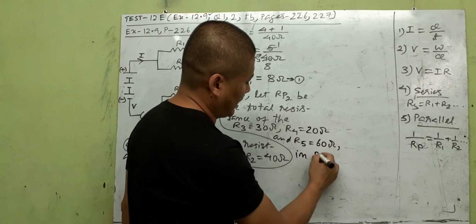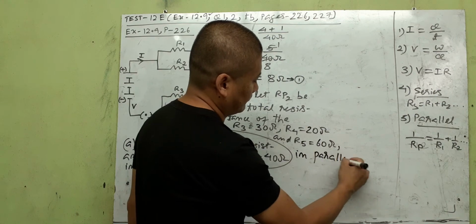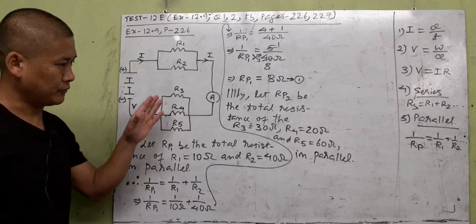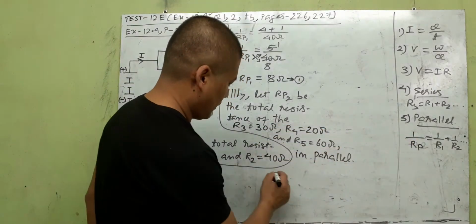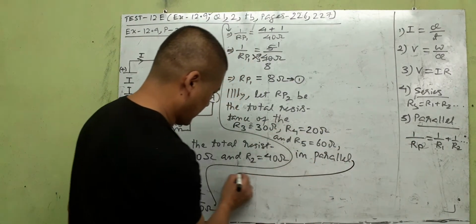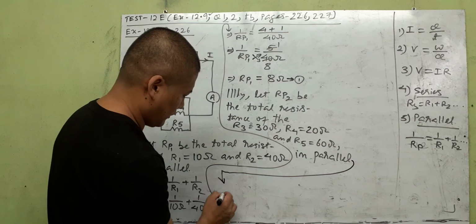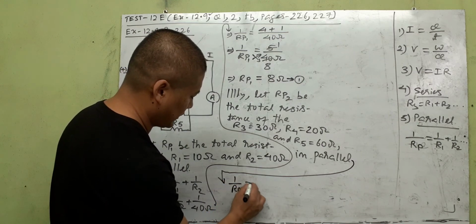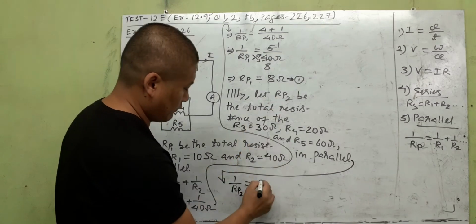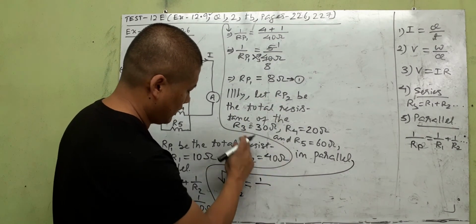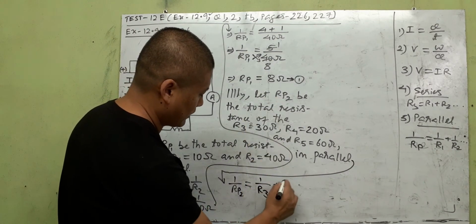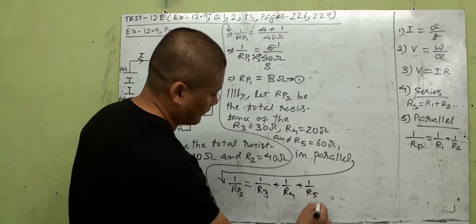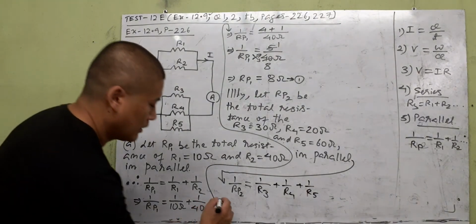Clearly they are in parallel again. Yes, we can see here, one above the other. So we have to use this formula again. So their total, reciprocal of the total, 1 by Rp2 is equal to 1 by R3 plus 1 by R4 plus 1 by R5, right? Quite simple, right?